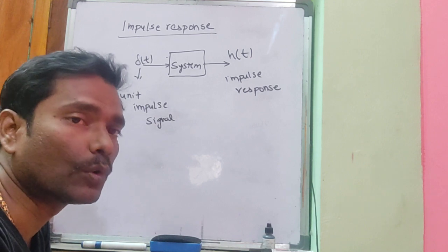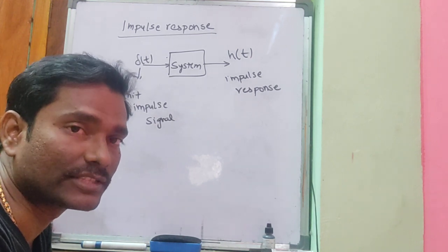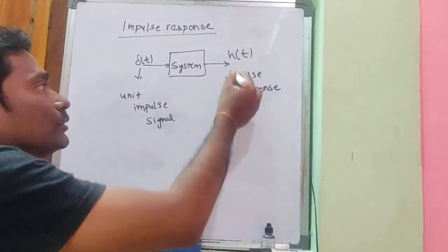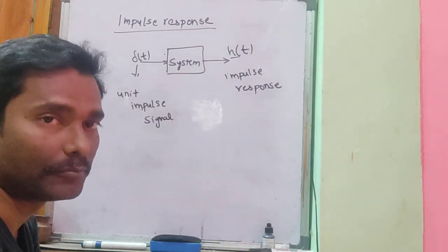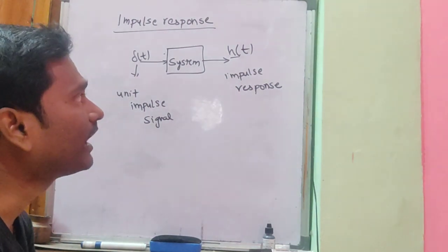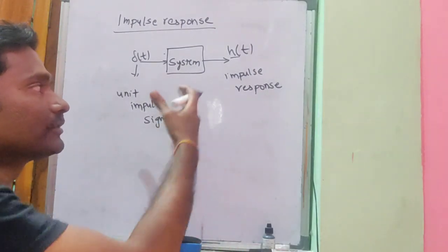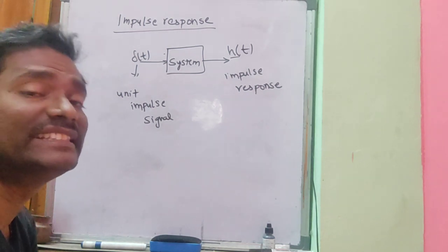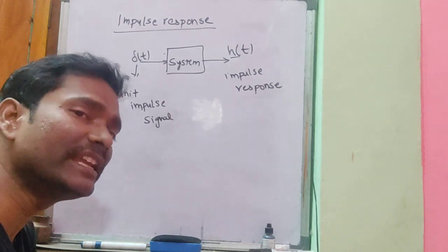The impulse response plays a very important role in understanding the behavior of the system. Once I know the impulse response of the system, we can easily find the output of the system for any input.